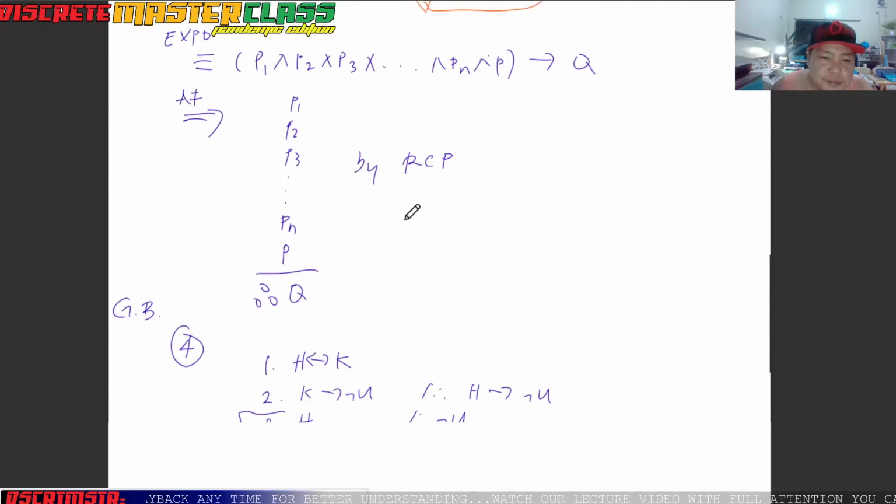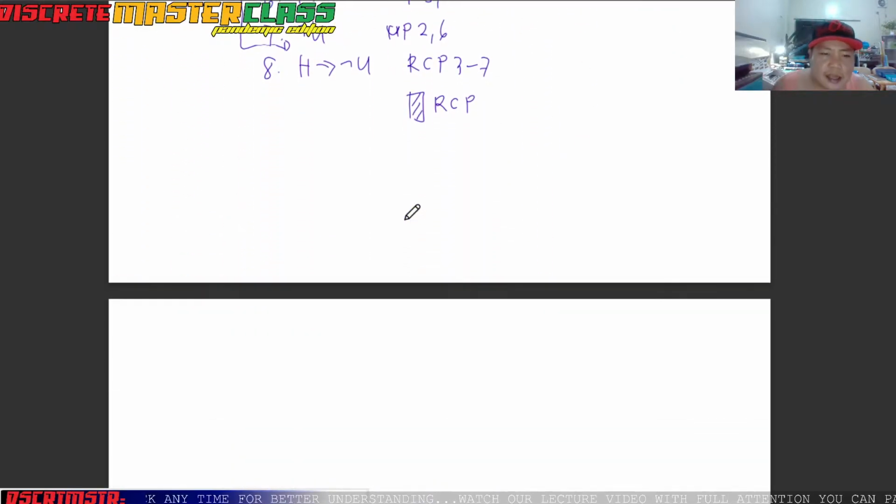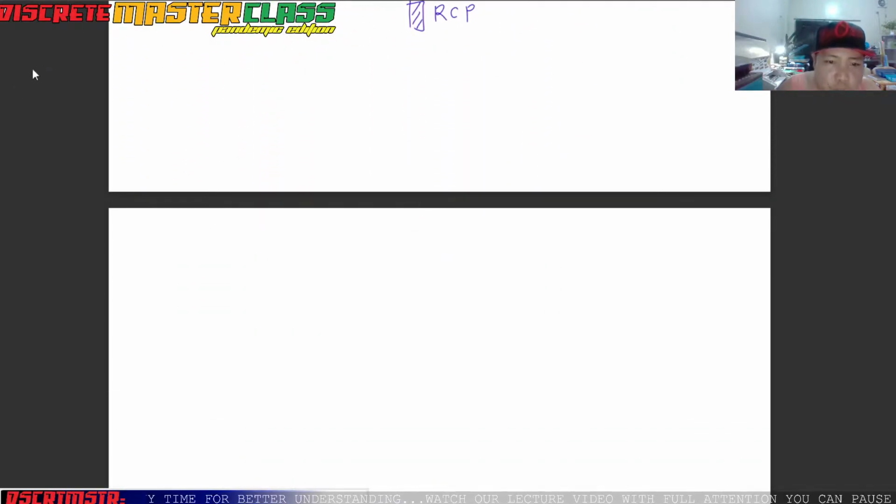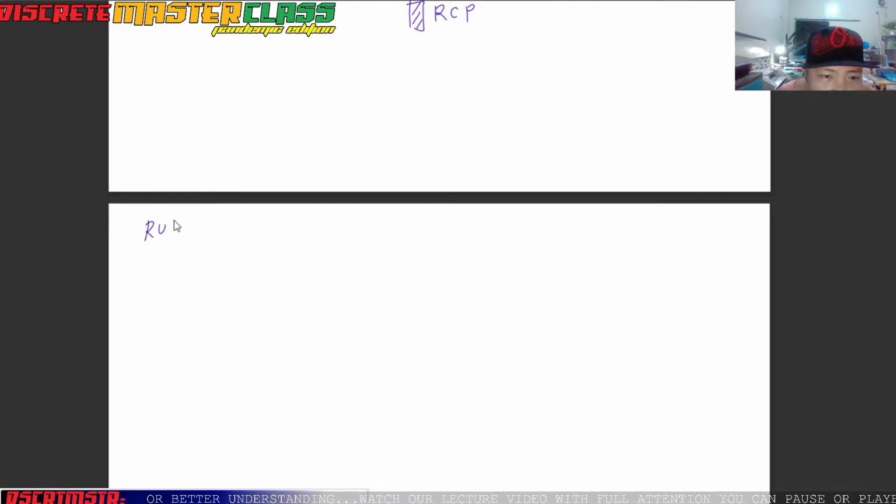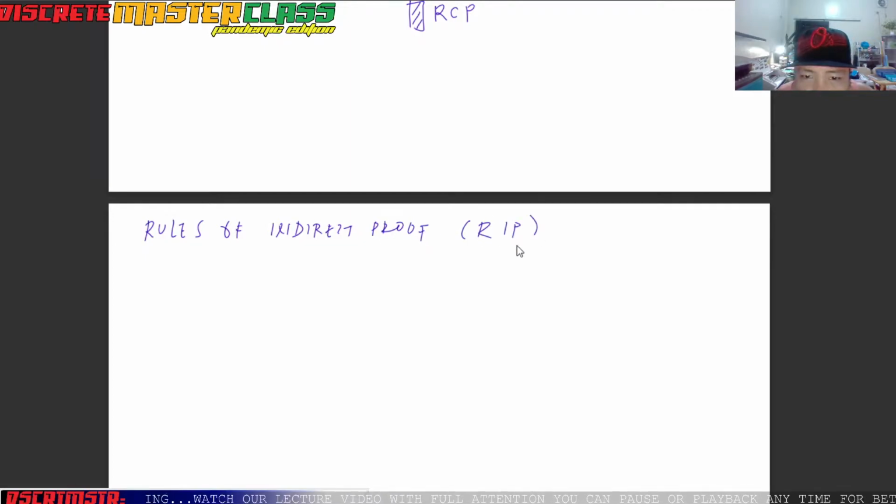Okay? Now, another proving technique used in mathematics is what you call the rules of indirect proof, also known as RIP.